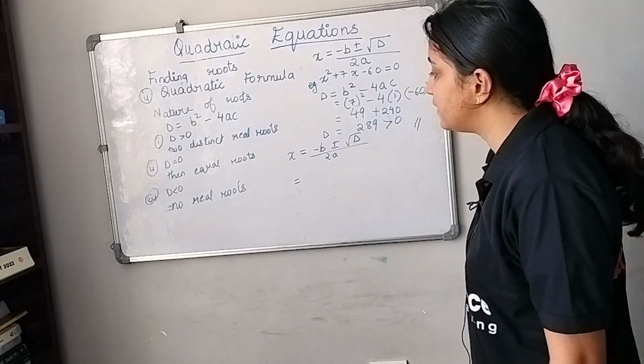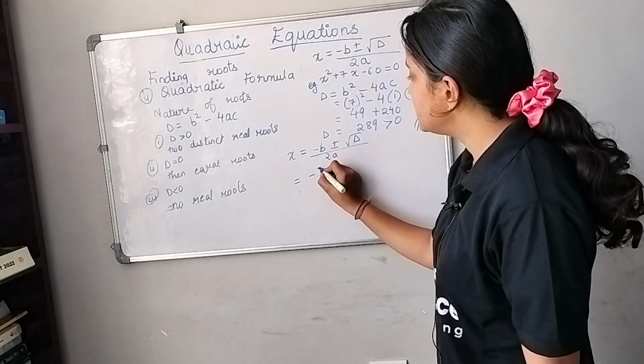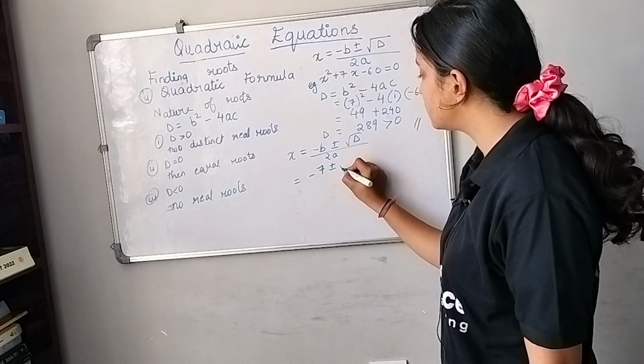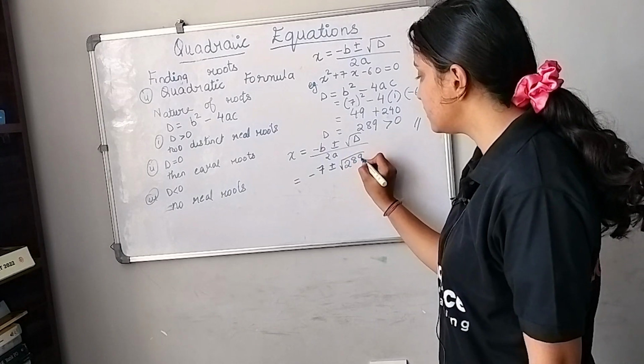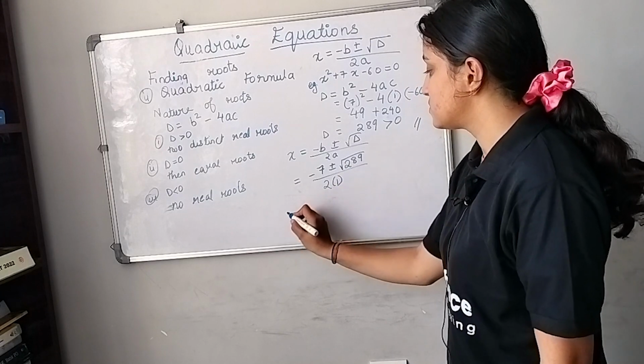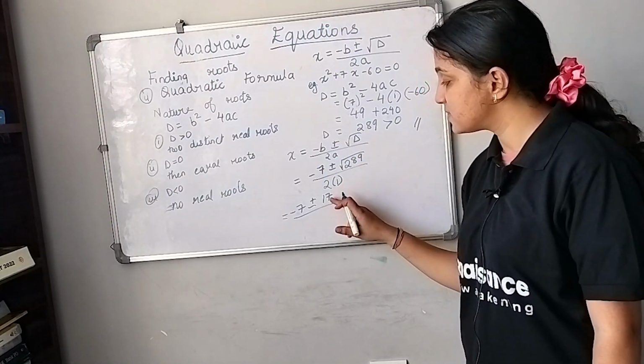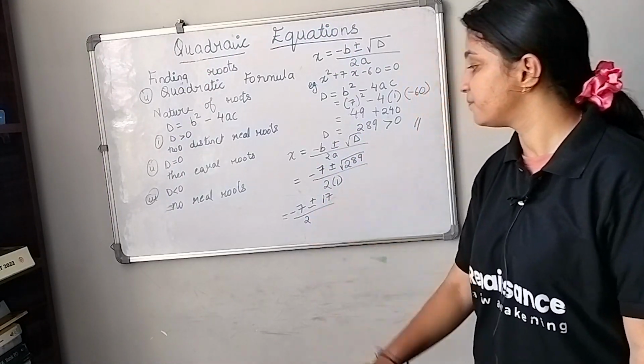Now substitute the values. Minus b is minus 7, plus or minus root of D, which is 289, upon 2 into a, which is 1. So this will be minus 7 plus or minus 17. Root of 289 is 17. So upon 2.